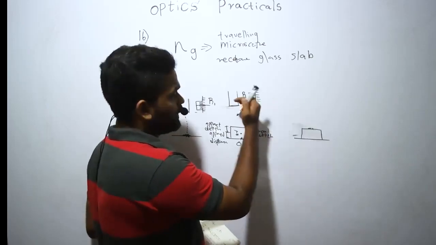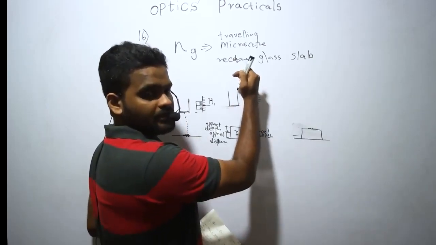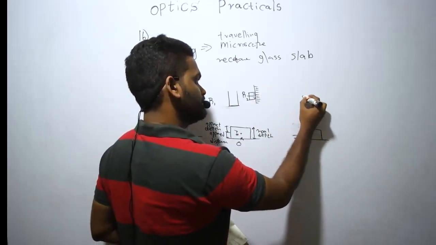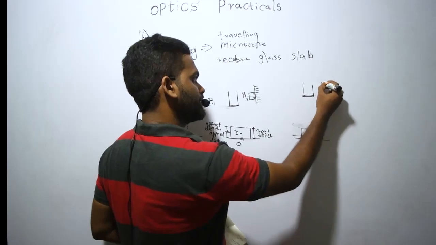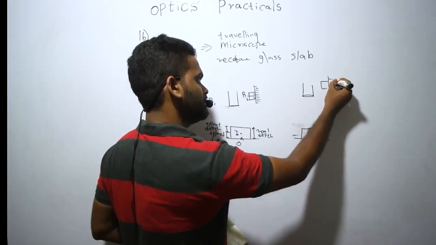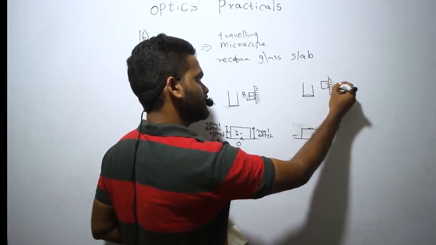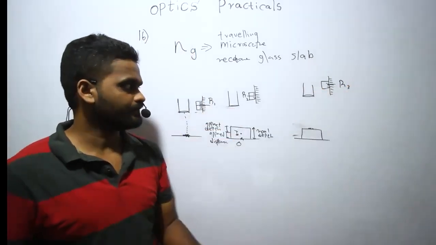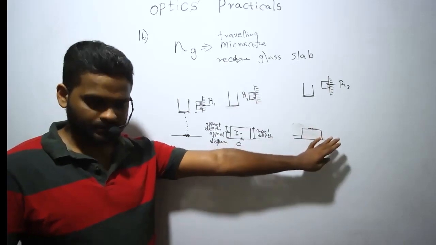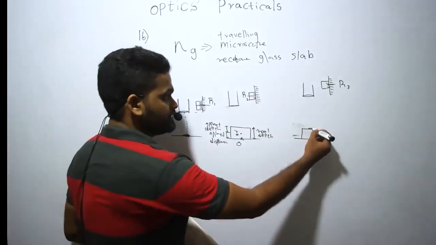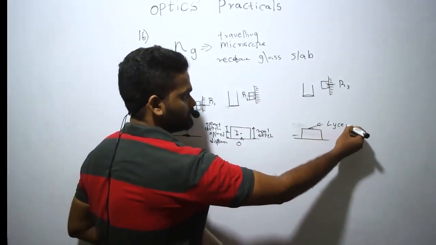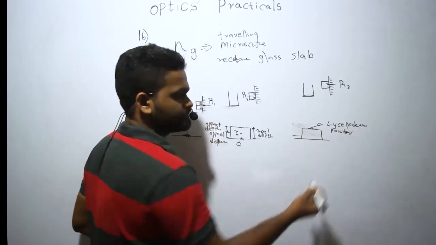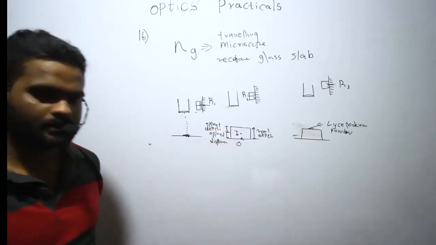To focus that, you have to further lift the microscope using that screw. Let's say you lift this to here. Then you take the reading here. Let's say that reading is R3. This reading is R3, right? Take it down. And this is called lycopodium powder, right? Lycopodium powder. Take it down.